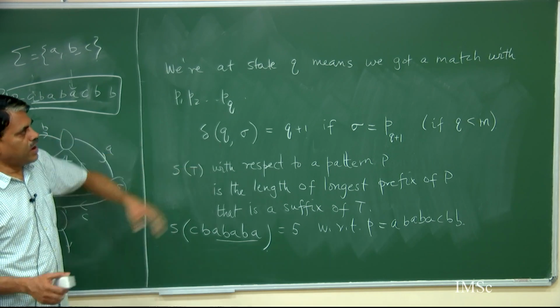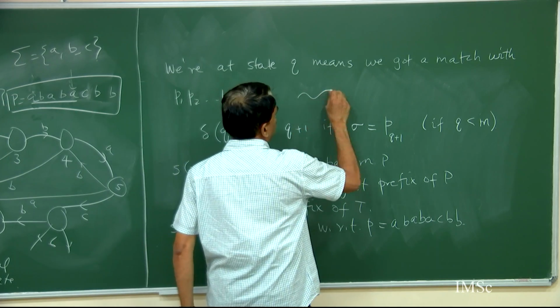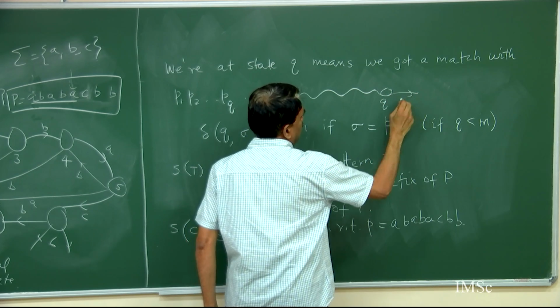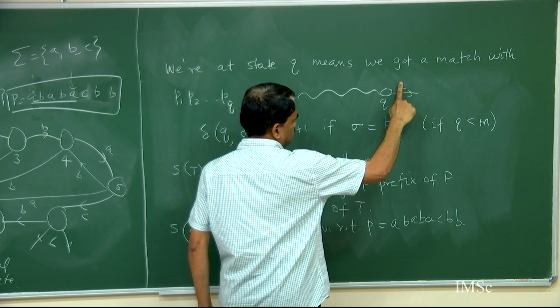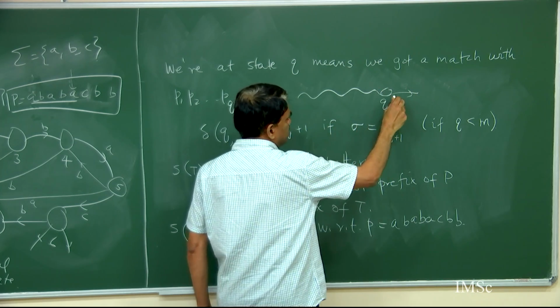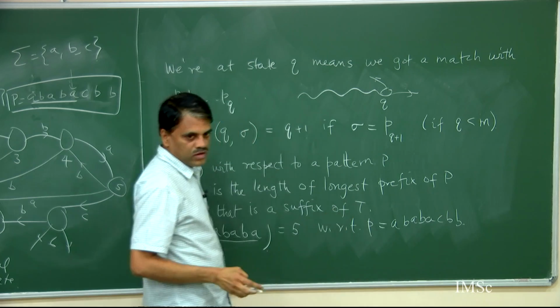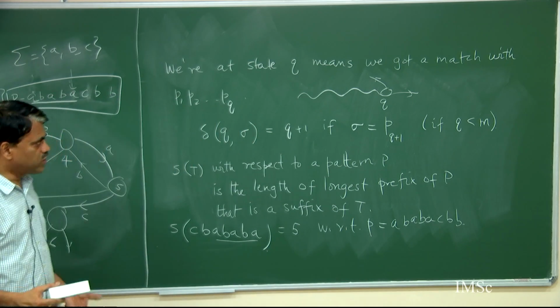Now think about it. I have matched up to this point, which is I am here, and I had a mismatch, right. So that means I get a new character and I want to know where I should go, right. So where should I go?